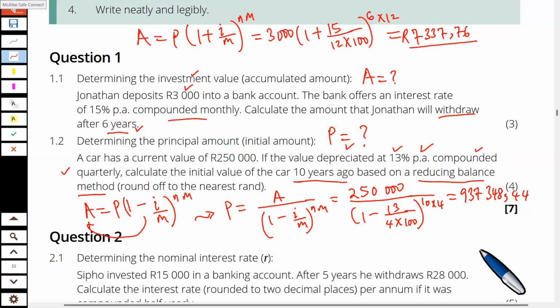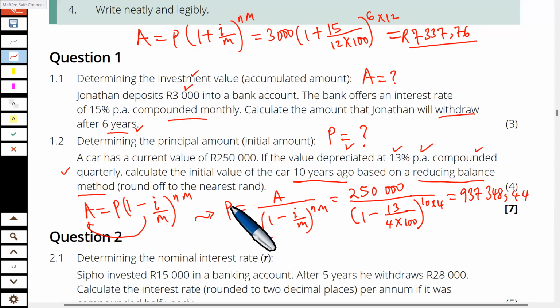Why is that? Why is it different from yours? Then check that again. All right. Because now we're saying the car is a current value of these. If the car depreciated at these, compounded quarterly, calculate the initial value of the car. So in other words, it is the current value of these, but it had a value before that depreciated.